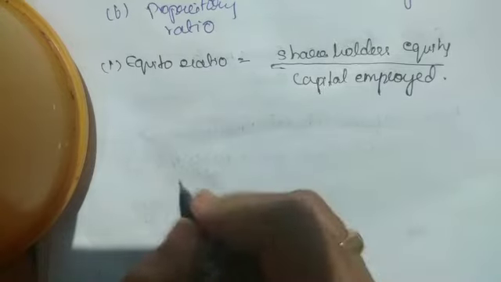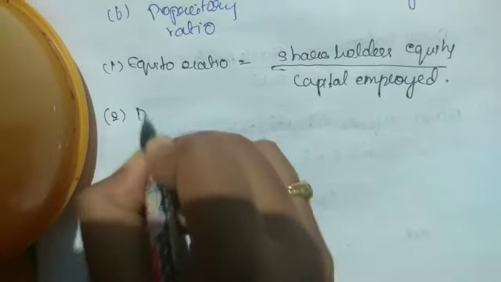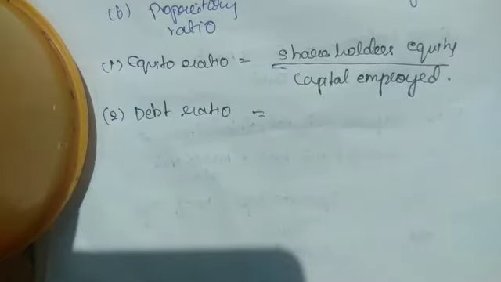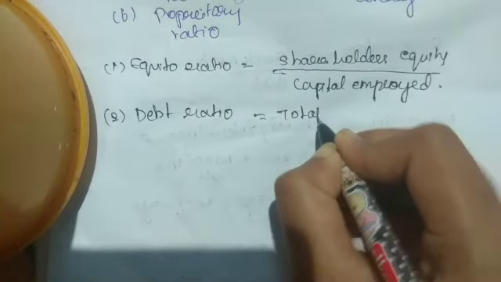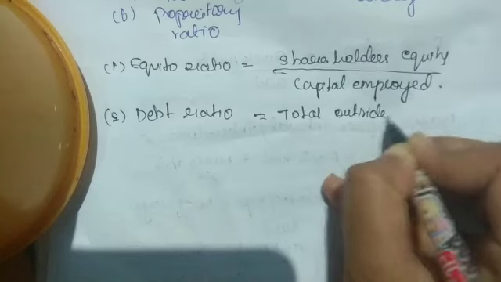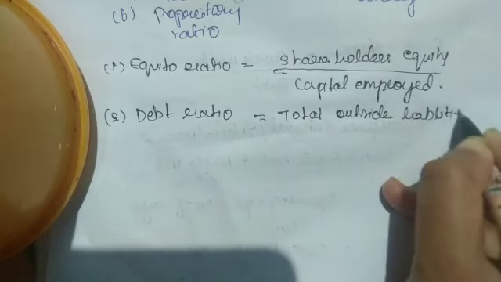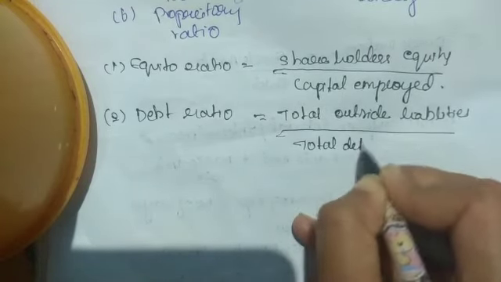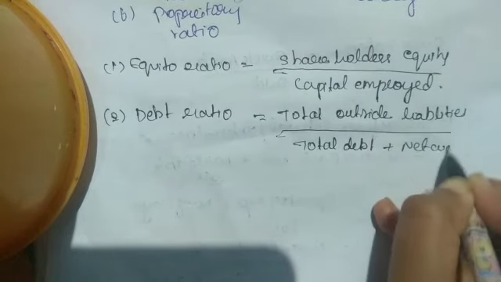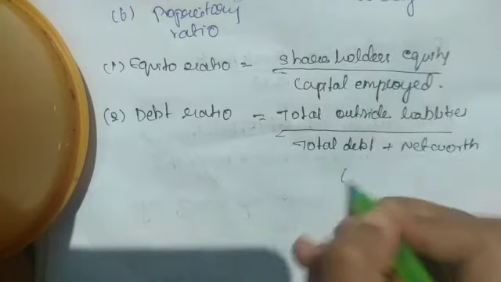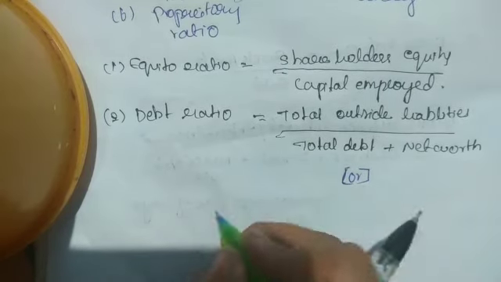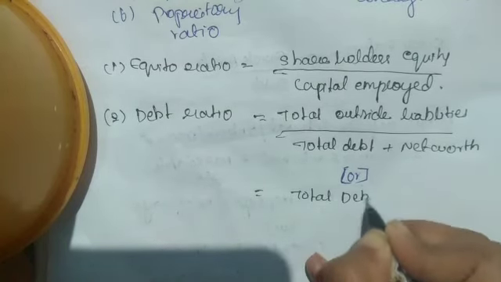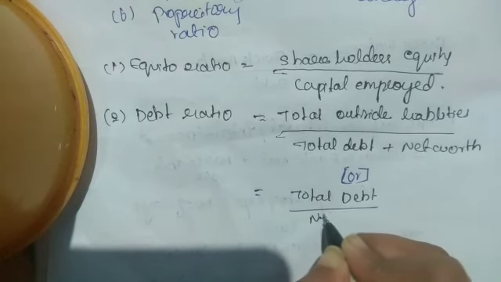The next ratio is debt ratio. It is equal to total outside liabilities divided by total debt plus net worth, or another formula for this is total debt divided by net assets.